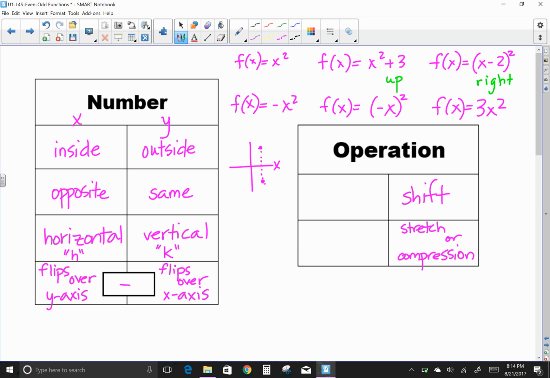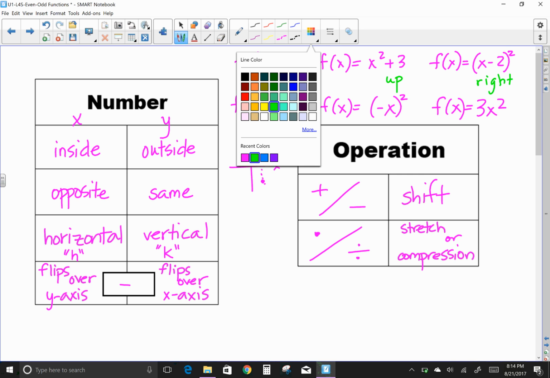Left, right, up, and down. Well, when you look back at our equations up here, you can see that if we are adding or subtracting to an equation, then we have a shift, which means that if we're multiplying or dividing to an equation, we have a compression.